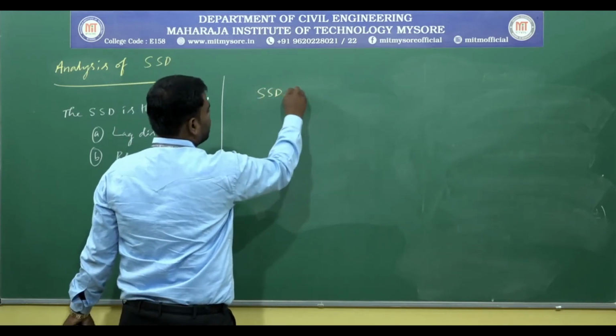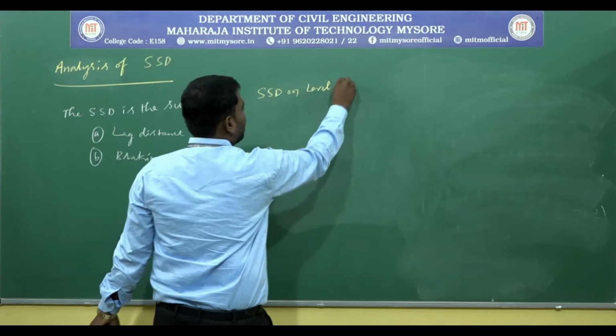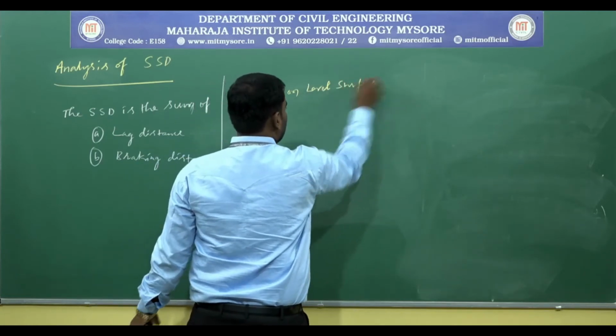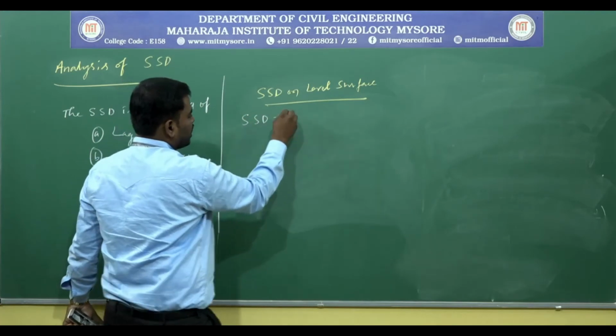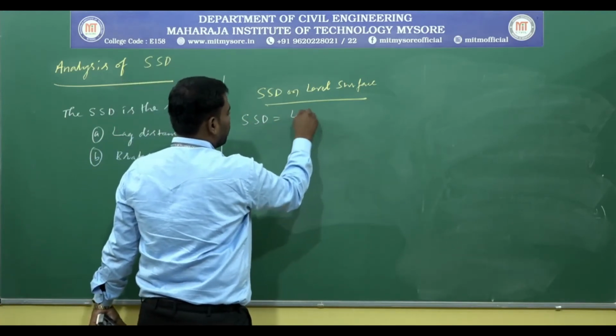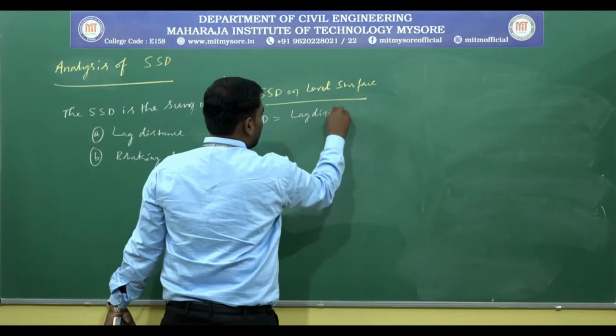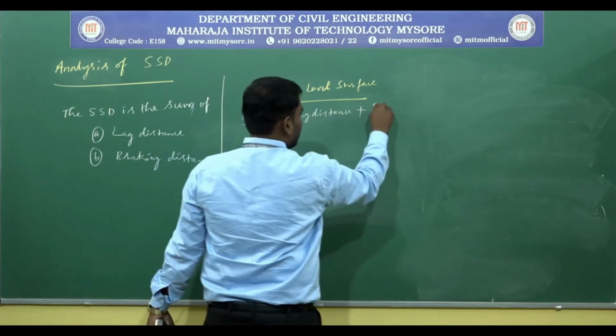Then stopping sight distance on level surface. We know that stopping sight distance SSD is equal to the sum of lag distance and braking distance.